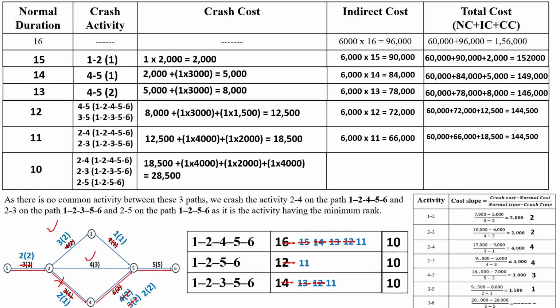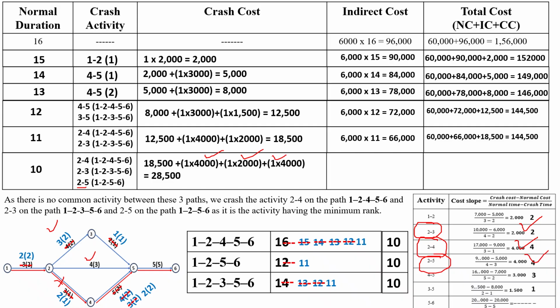Then crashing cost will become the previous crashing cost 18,500, and cost slope for the activity 2 to 4 is 4,000, then 1 into 4,000. Similarly, for 2 to 3, its cost slope is 2000, then 1 into 2000, and for the activity 2 to 5, cost slope is 4000, then 1 into 4000.